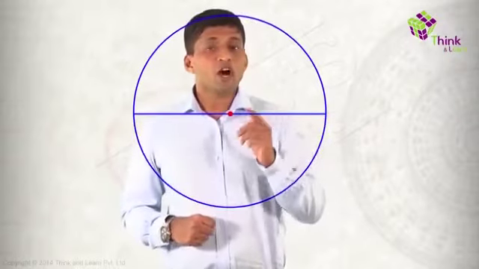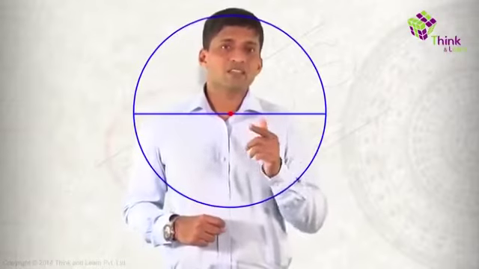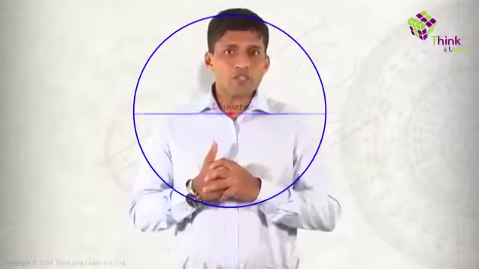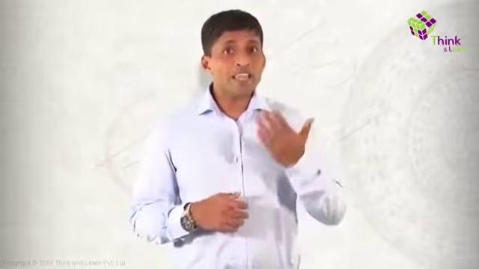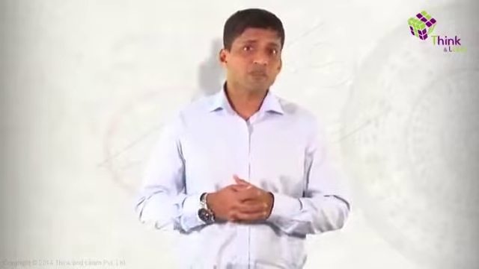Now if I push this up further, where it's passing through the center, where the chord is taking its maximum length, it's called a diameter. So these are very simple terms. You know what a chord is, what a diameter is, what a tangent is. Basically, the diameter is the longest chord and it is equal to 2 times the radius.